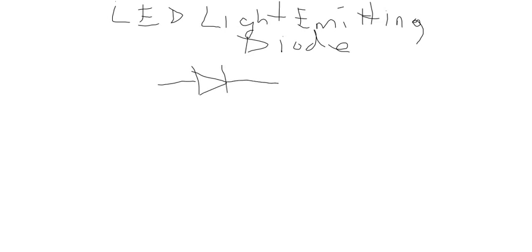It just looks like a common diode, but there are some arrows coming out representing rays of light. We've used these for decades as little indicator lights on circuit boards and on computers and televisions and everything else. If you have a TV remote control, some of them use infrared light emitting diodes.